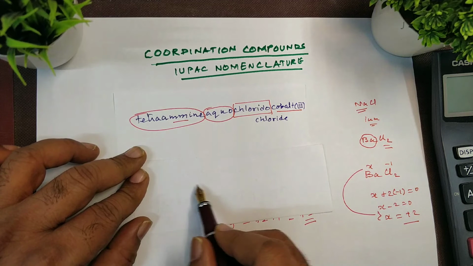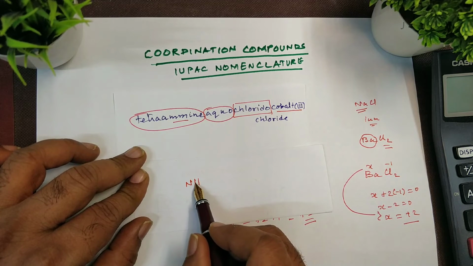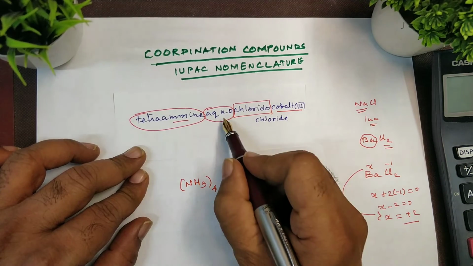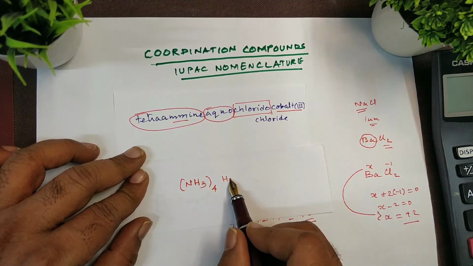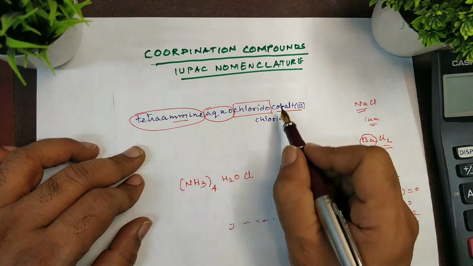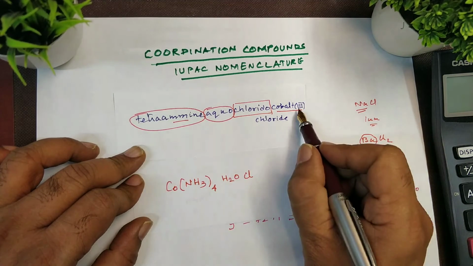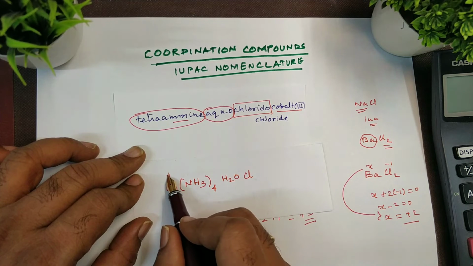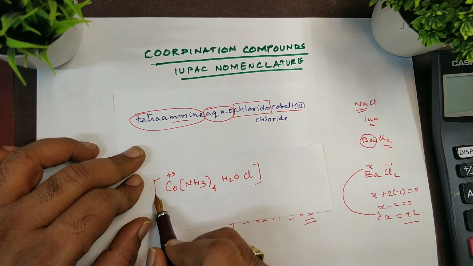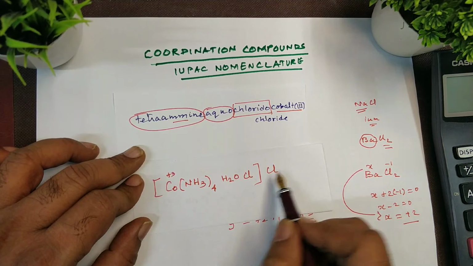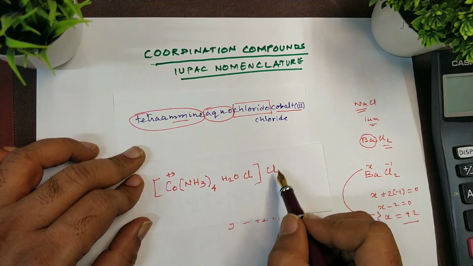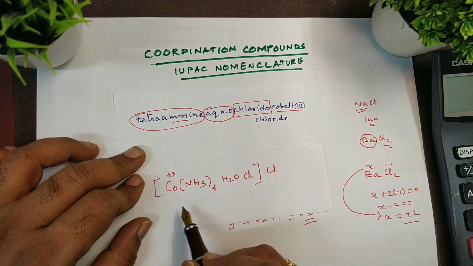You can write NH3. Ammine means NH3, and 4 times, tetra. And what is aquo? Water. So water is 1 time only. Chlorido, put Cl, right? And cobalt, put Co. And what is its oxidation state? 3, so put +3. And the chloride outside the coordination sphere, put Cl. But we want to fix the oxidation state of the complex ion, and then only we will be able to arrive at the complete molecular formula.